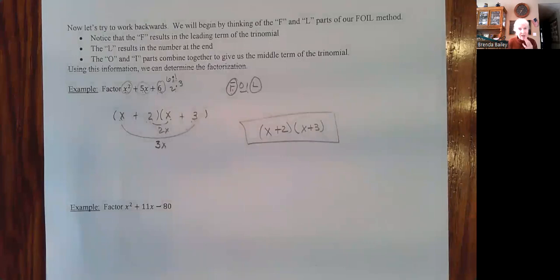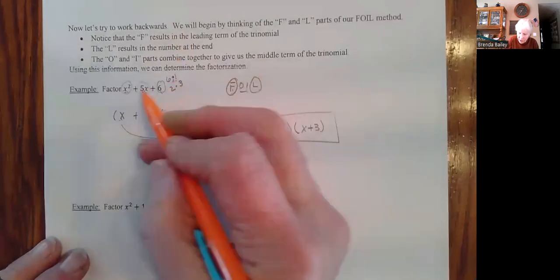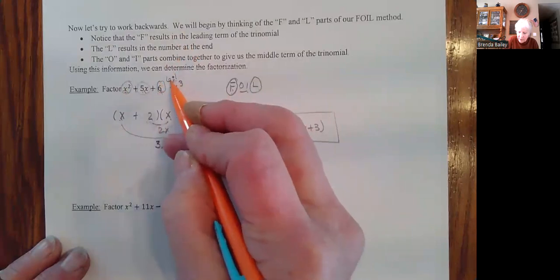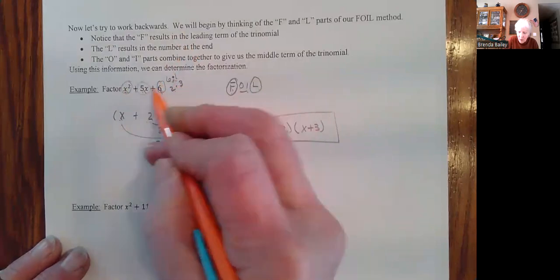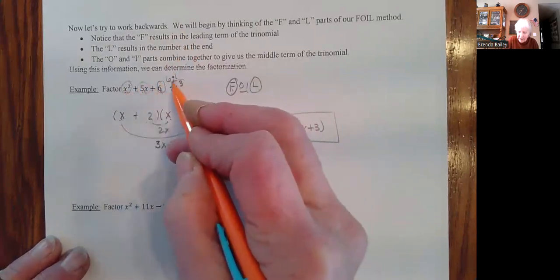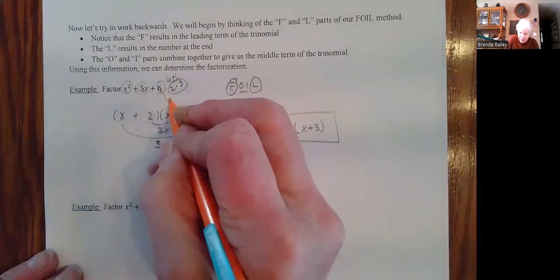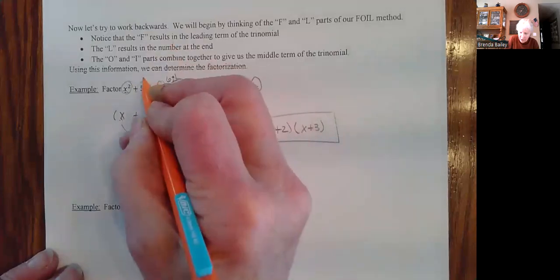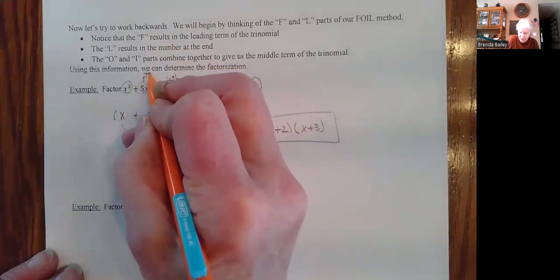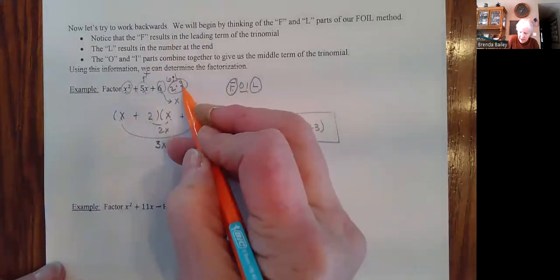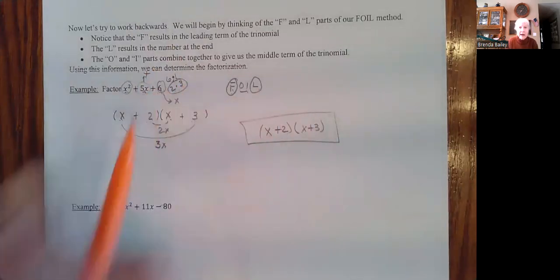All righty. So again, this is kind of a guess and check method. A lot of times when you have a 1, you can say what multiplied together gives me 6. You can look at these choices and know I'm going to be adding to get the middle term. So what do you multiply together to get 6, but add together to get 5?